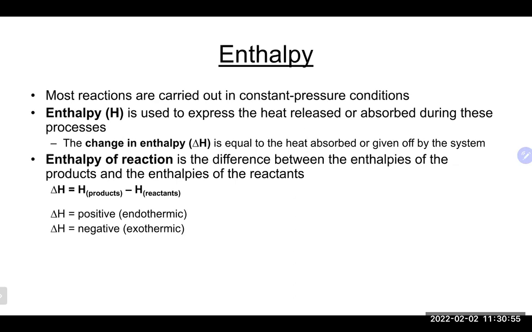For our purposes, the actual number is not that important. It's really just the sign. So negative or positive tells you it's exothermic or endothermic. That's also why, as we go through some of these calculations, it's really important to do the calculations correctly.